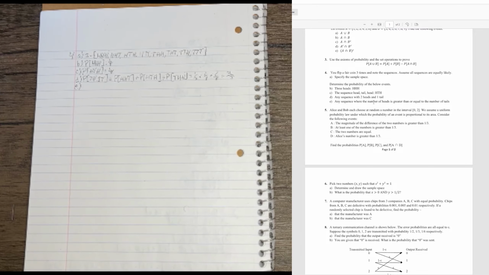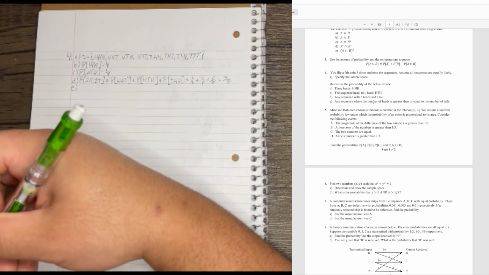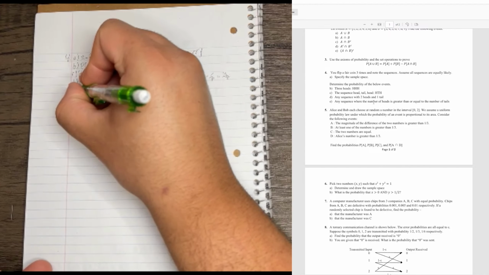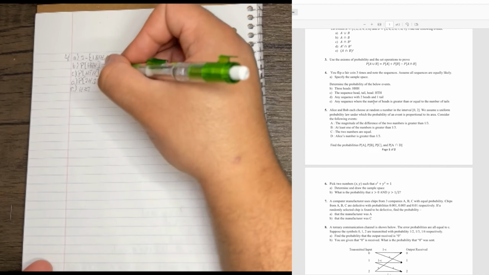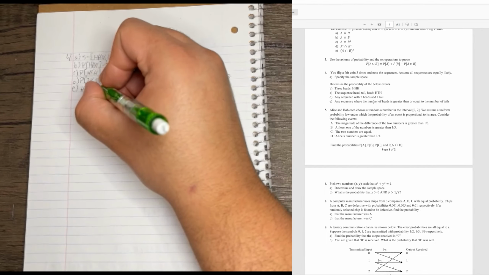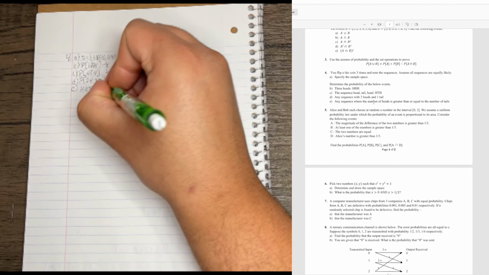So it's only when there's more heads, which is 2 or 3. Heads is greater than or equal to tails. So when heads is equal to 2, 3.